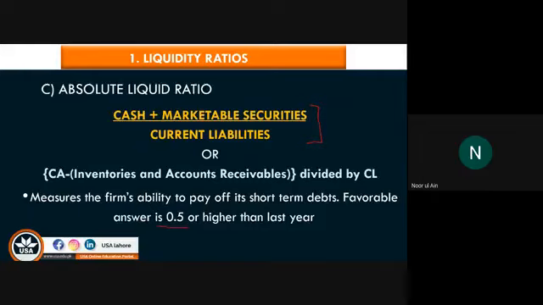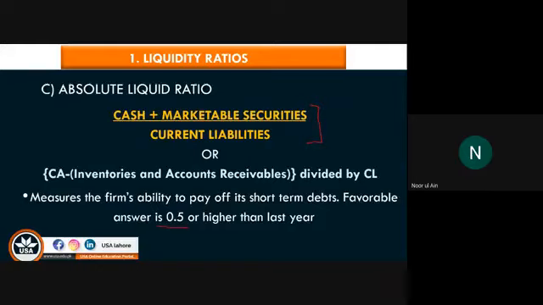But if you are comparing 2 years' values, the current year value must be higher compared to the last year's value. Fine. So you'll interpret it this way: if the answer is 0.5 or higher, you'll say the company is in a safe condition, the company can pay off the current liabilities easily out of its most liquid items.